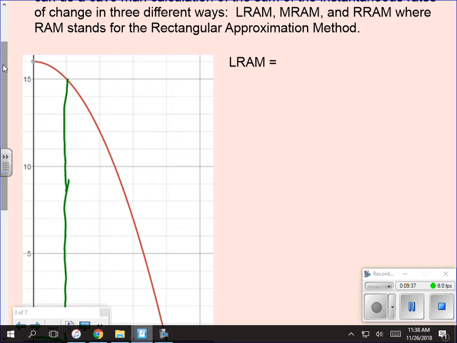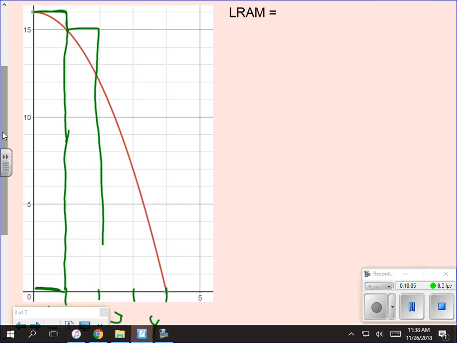With LRAM, we're going to use the left-hand side. So we go until our curve hits what's on the left-hand side, and that's the top of our rectangle. So for LRAM, our first rectangle has that height. Our second rectangle looks like that, the left-hand side.